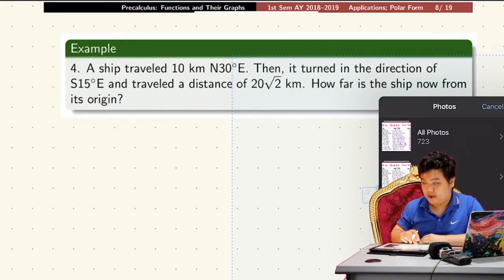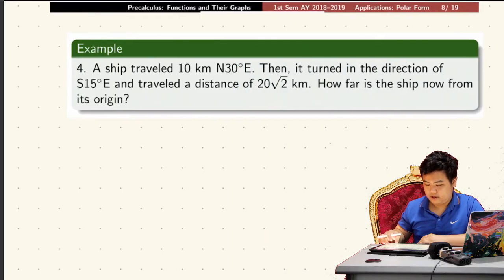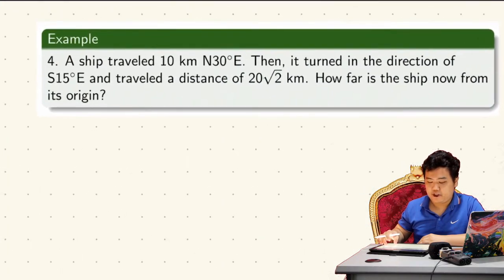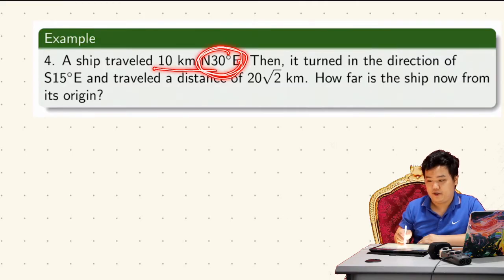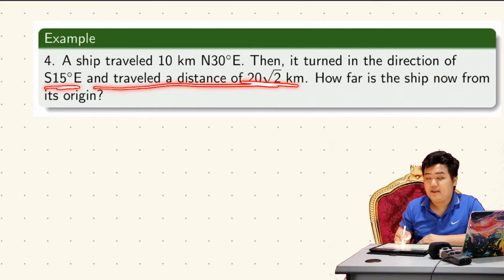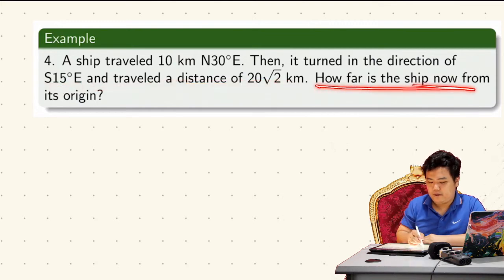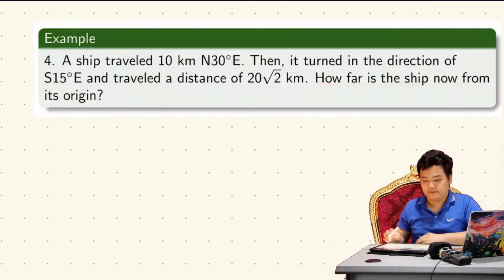So, a ship, hindi sheep. Ang sheep, ano yun? Tupa. So, ship. Okay, travel 10 kilometers at this direction. Tapos, then, it turned in the direction of this and traveled a distance of 20 square root of 2 kilometers. So, how far is the ship from its origin?